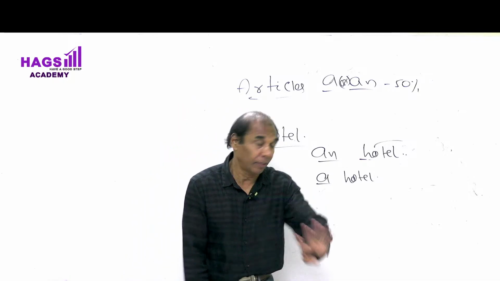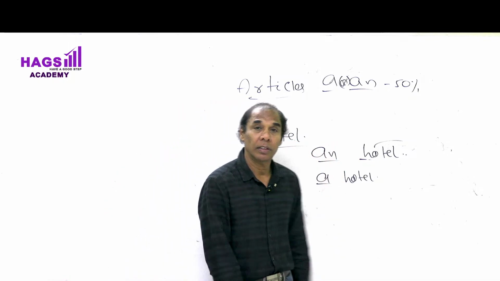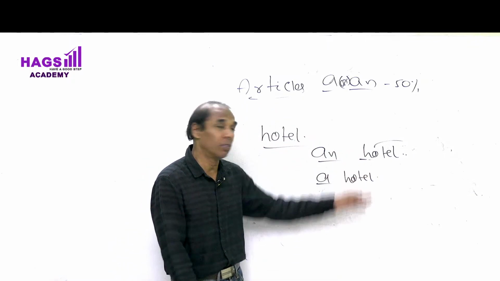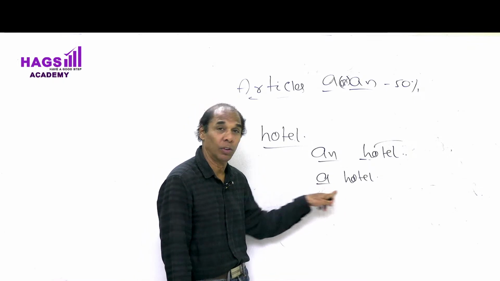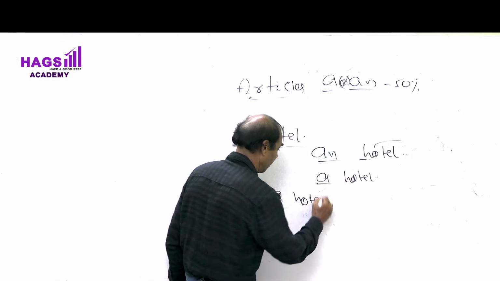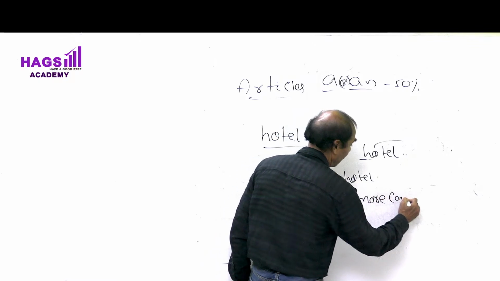Right? But if this word is given in the exams, sir, a or an, which option do we have to choose in the exams? Right? Old is gold, I admit it. But give preference to modern English only. So a hotel is more common in use.